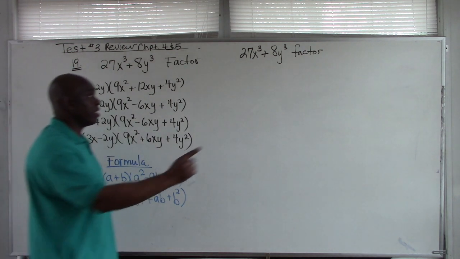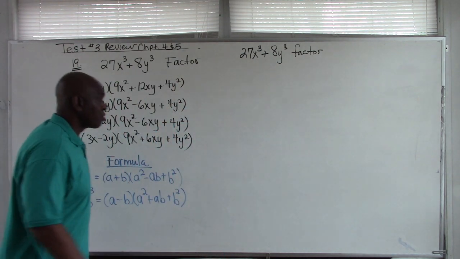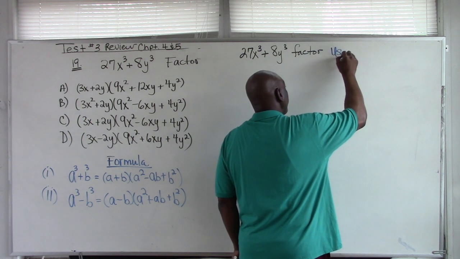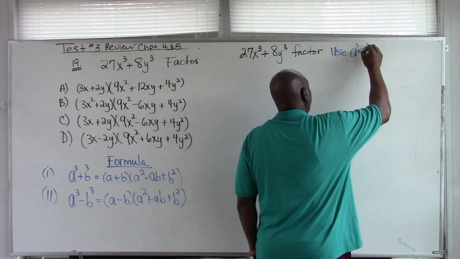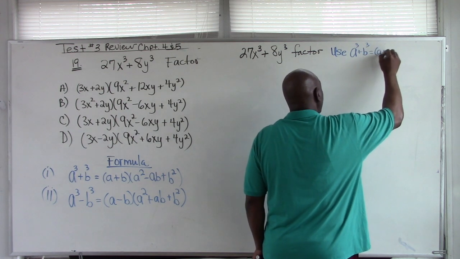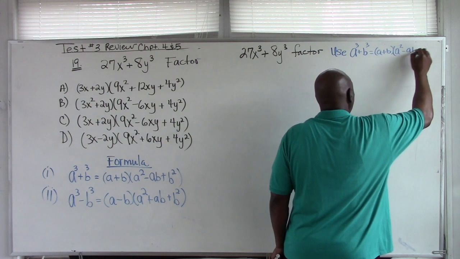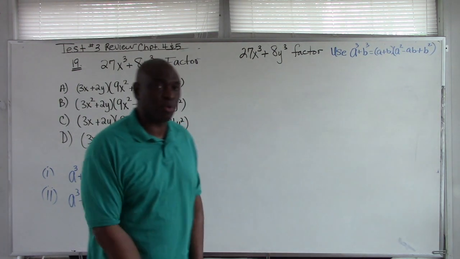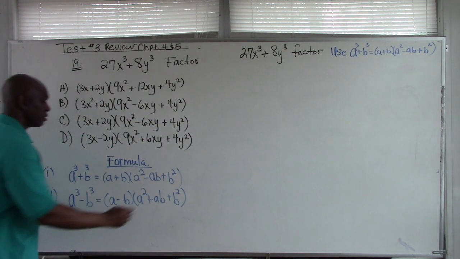This is the sum between two cubes. So we have to use a cubed plus b cubed equaling a plus b times a squared minus ab plus b squared. So we know which one we have to use. We're using the first one.